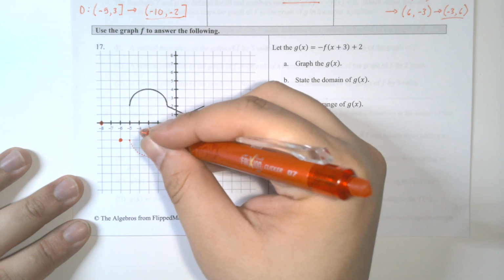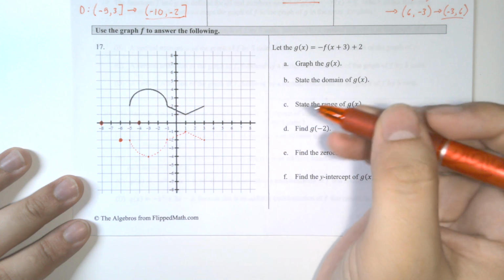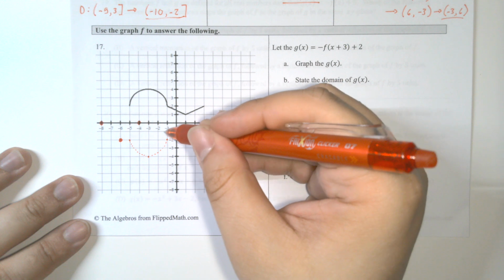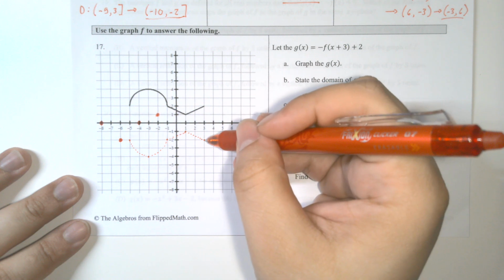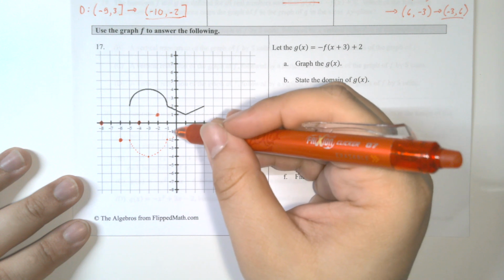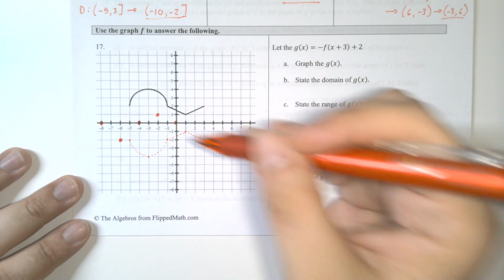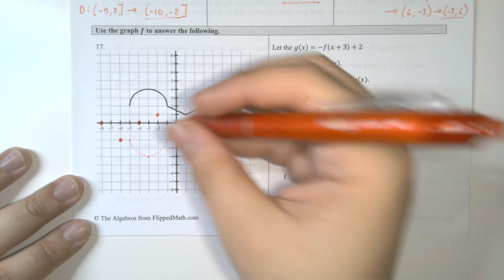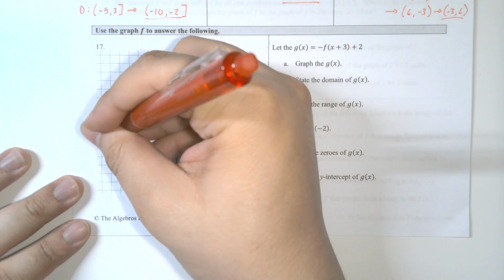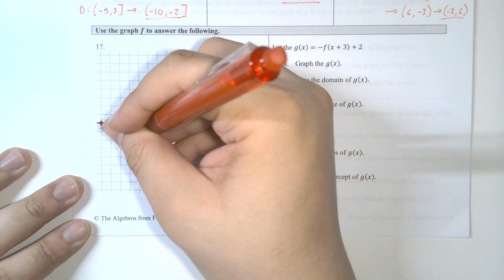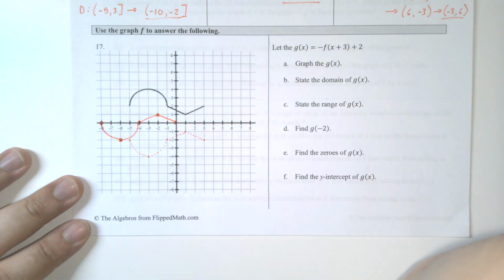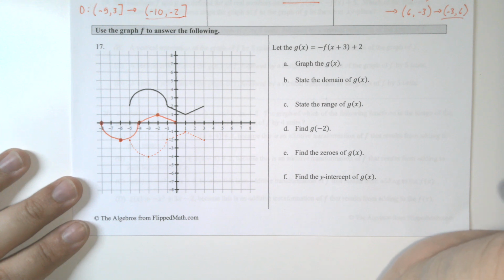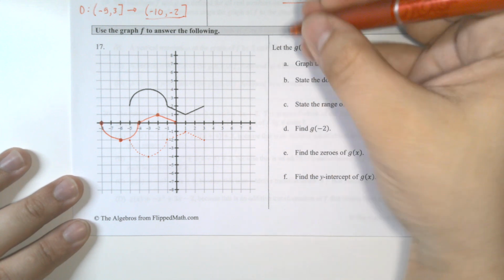Another big dark point. And then the last one. And so our new function for g is going to look like that. So that takes care of A.